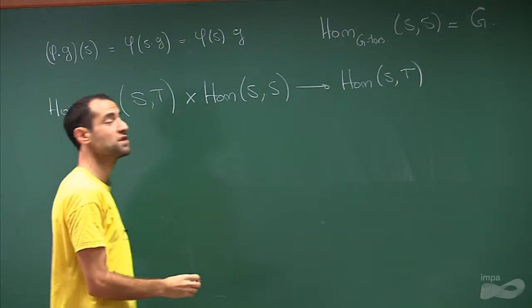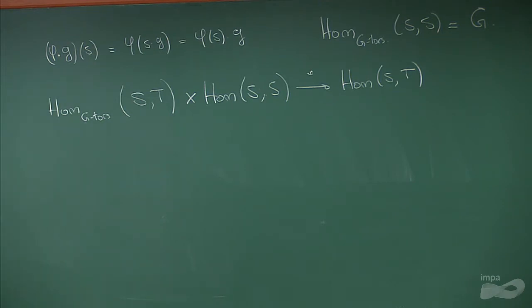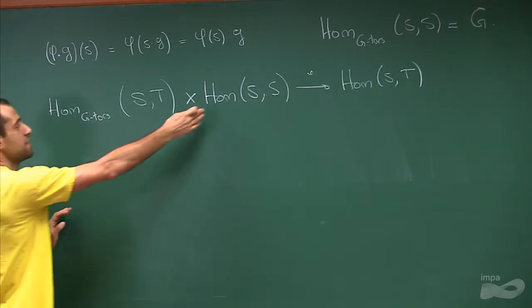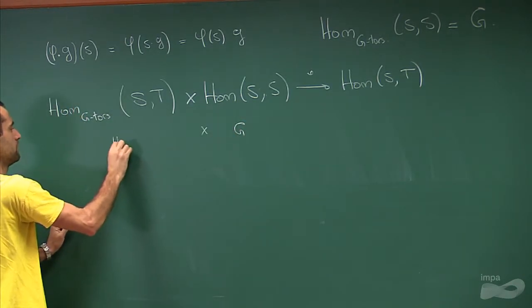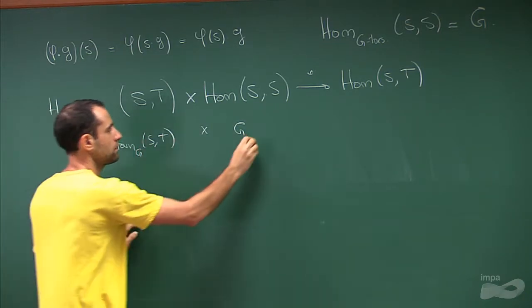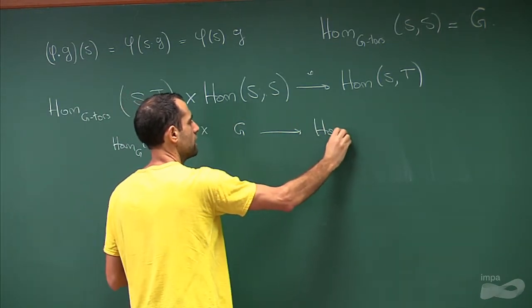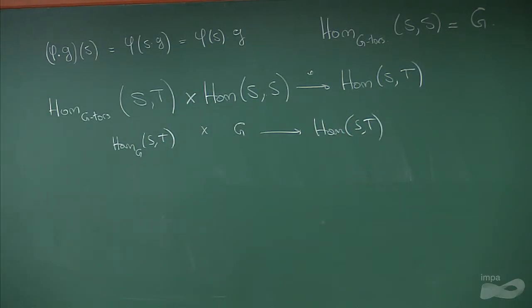That's just the composition of morphisms. If I was in a category, this would be the composition. And now I'm telling you that this guy here is G. What I was hoping is that this would be a torsor, and this would go to the same thing. And the composition is associative.